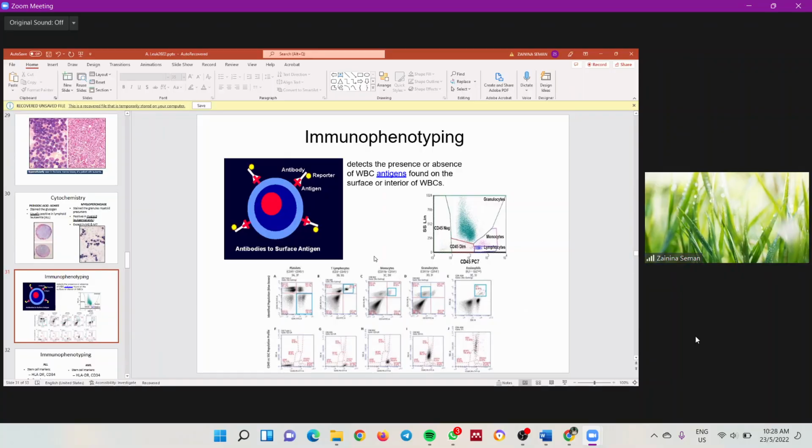And then in the lab, we have antibodies that can bind specifically to the antigen. So when there is antigen-antibody binding, it gives rise to fluorescence, and it will be captured by the machine. And from there, we'll be able to tell whether the patient has myeloblasts or lymphoblasts.